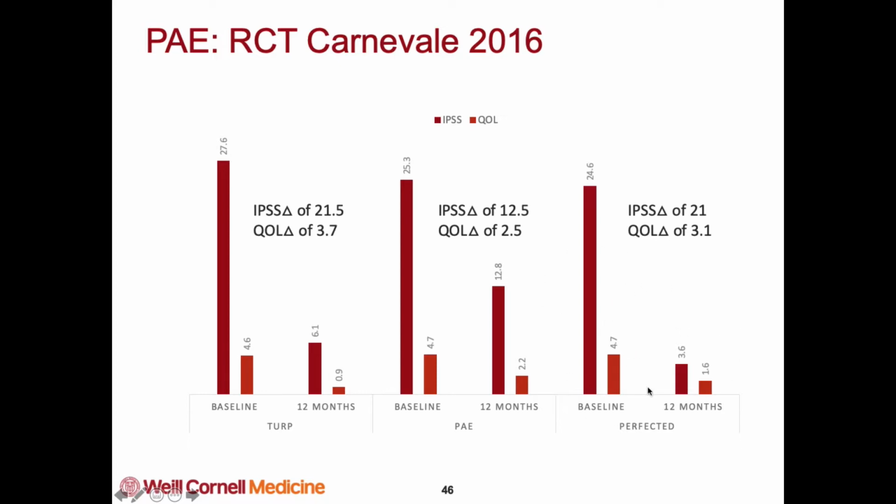So if you look at the perfected technique, this is similar to TURP, but you have to realize that was just a retrospective comparison, not the actual randomized control. So when you look at Carnevale's study, it really shows that TURP is better than PAE.